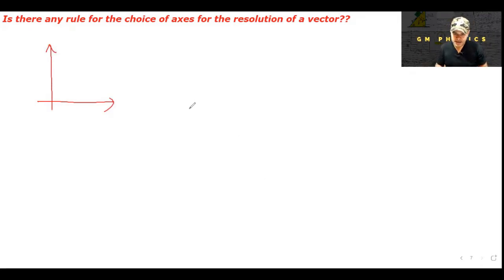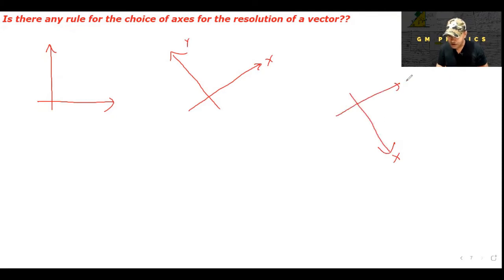Or can we take like this is my x-axis and this is my y-axis? Or sometimes like this is x-axis and this is y-axis? Can we do like this? Or we have to take this as x-axis and this as y-axis in all problems?